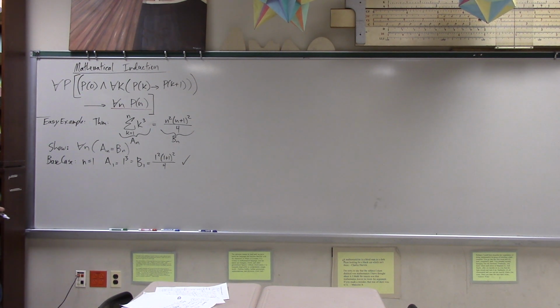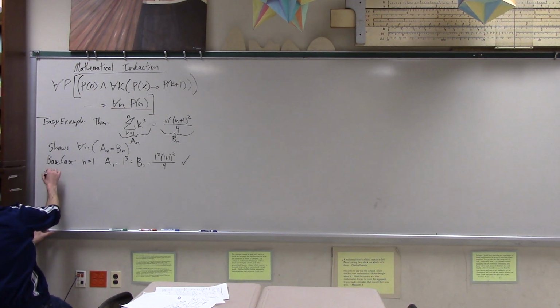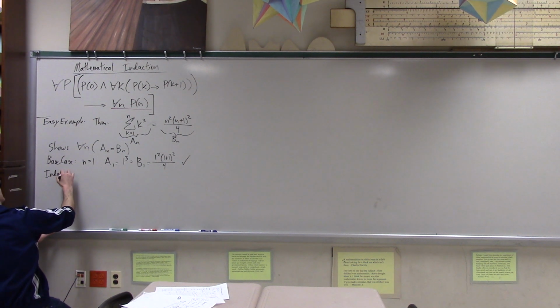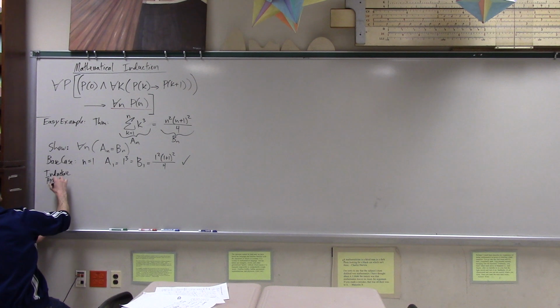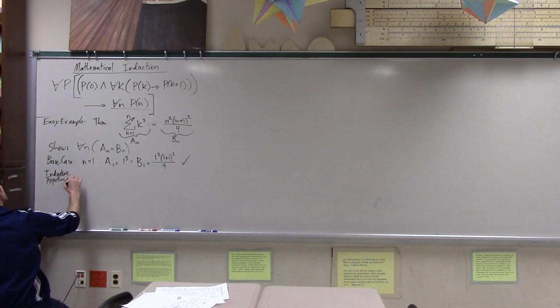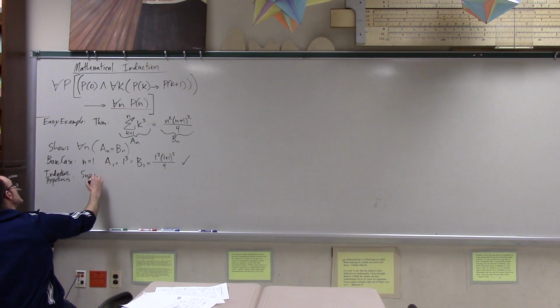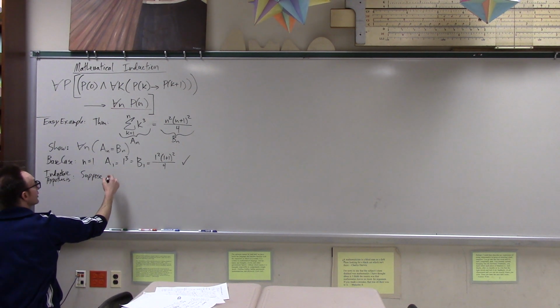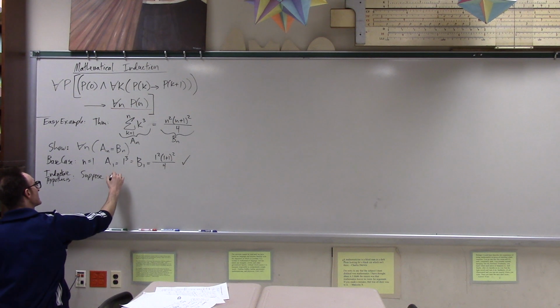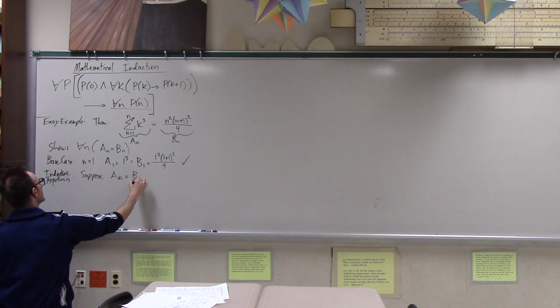All right, and now we make an inductive hypothesis. And our inductive hypothesis is that this formula is true. So we say, suppose that it's true for some number k. So suppose that A sub k equals B sub k.